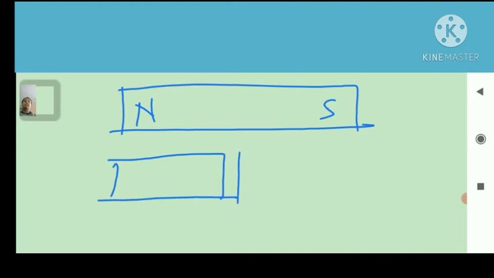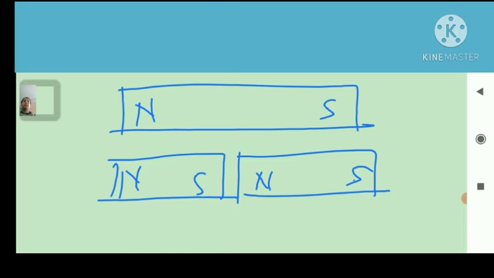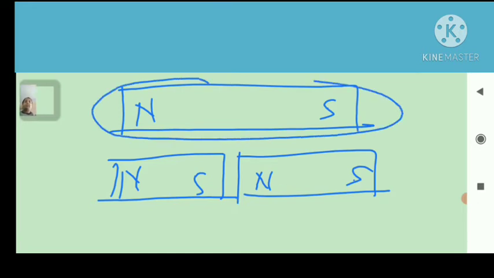Similarly, we take a bar magnet with north pole and south pole and cut it into two parts, each with its own north pole and south pole. Then the magnetic field of the original bar magnet is greater than that of these two new bar magnets.